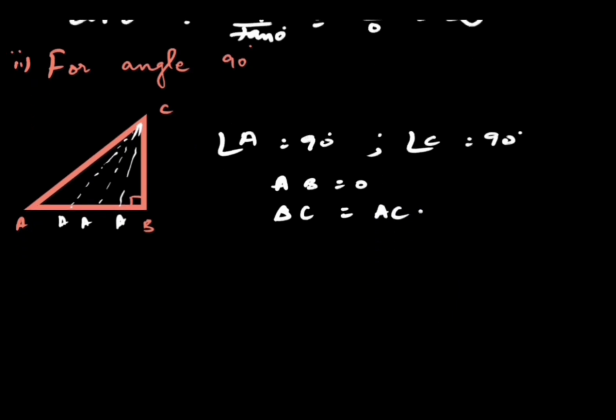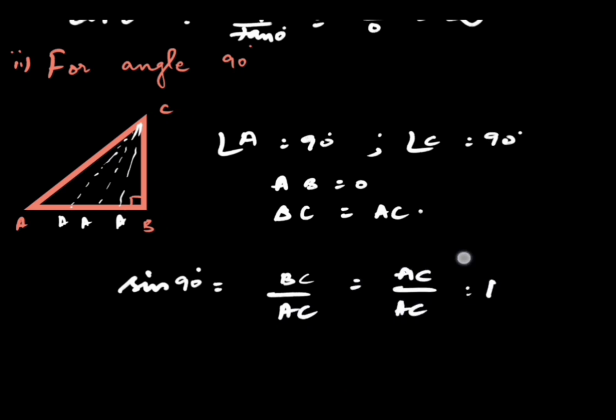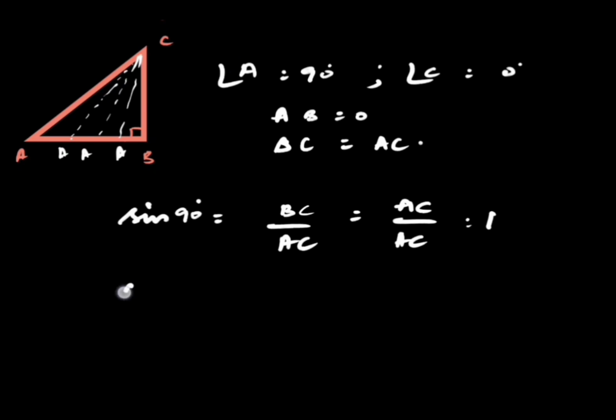Now, sin 90 is equal to BC by AC. We know BC and AC are equal, so AC by AC is equal to 1. Sin 90 is equal to 1. Cos 90 is adjacent by hypotenuse, that is AB by AC, which is equal to 0.